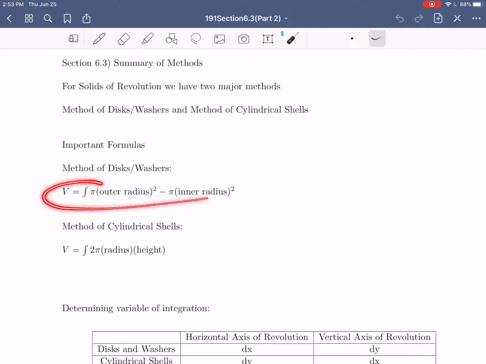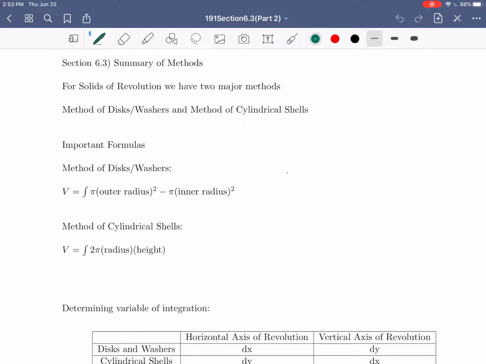The general formula for the method of discs and washers is the integral of pi times the outer radius squared minus pi times the inner radius squared. Remember that the concept is we're integrating an area to create a volume.